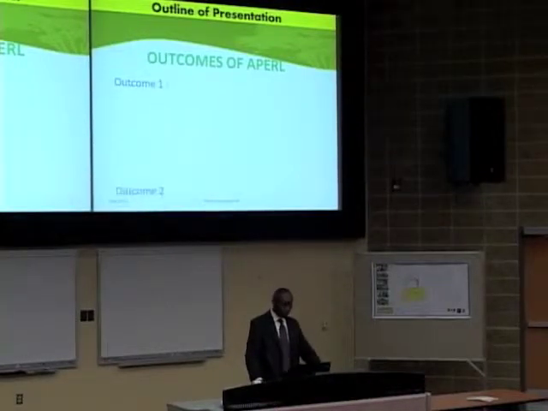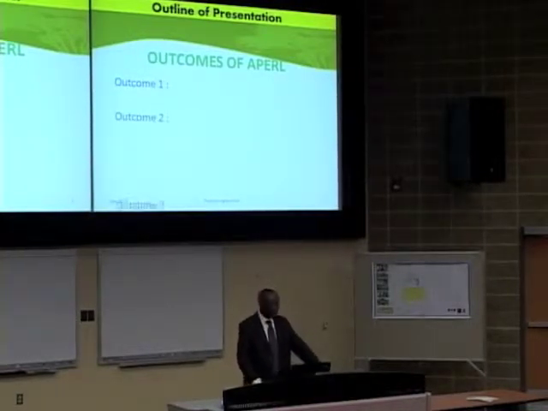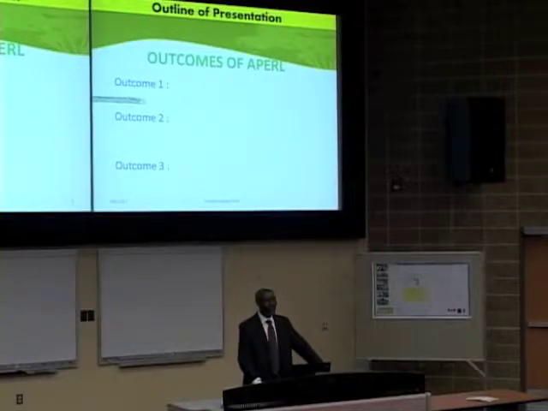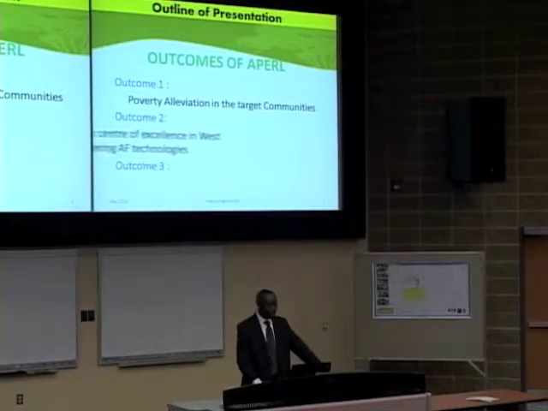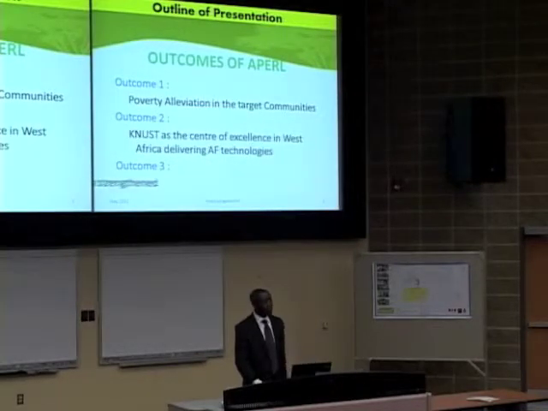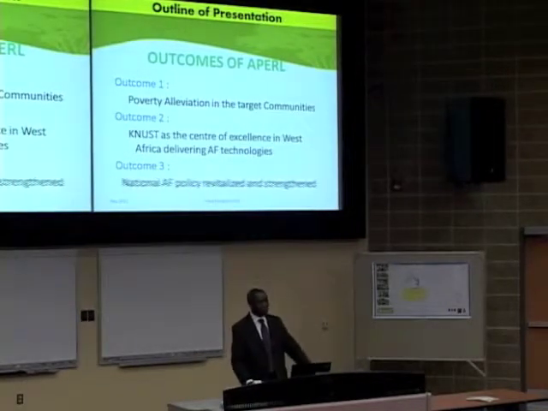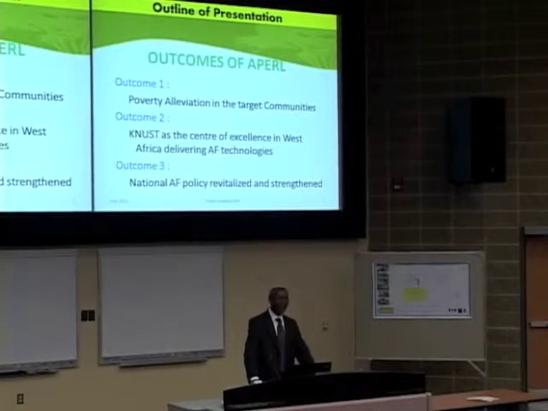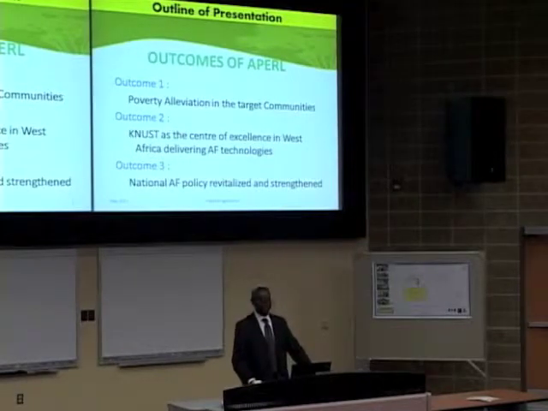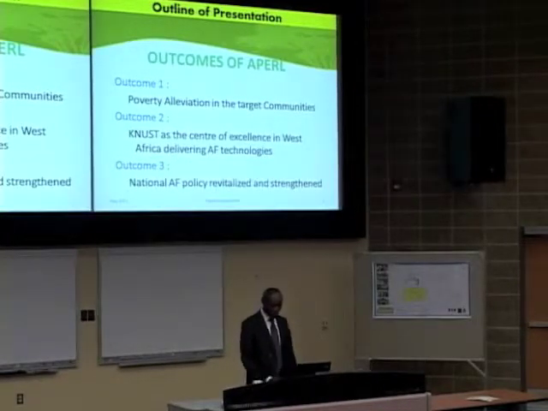The first one, outcome number one, we are looking at poverty alleviation in the target communities. Outcome number two, KNUST as a center of excellence in West Africa, delivering agroforestry technologies, and the third one is national agroforestry policy revitalized and also strengthened.